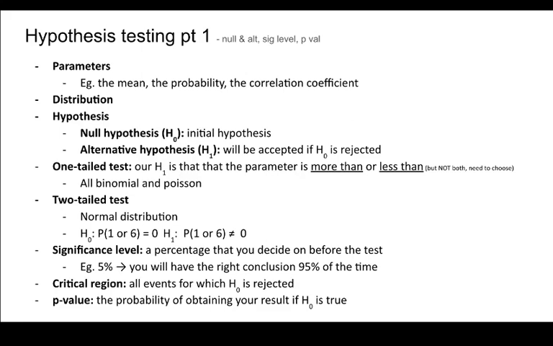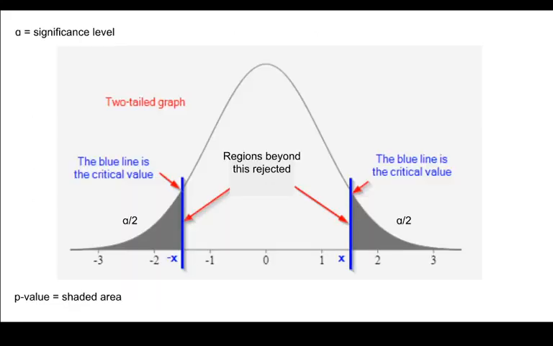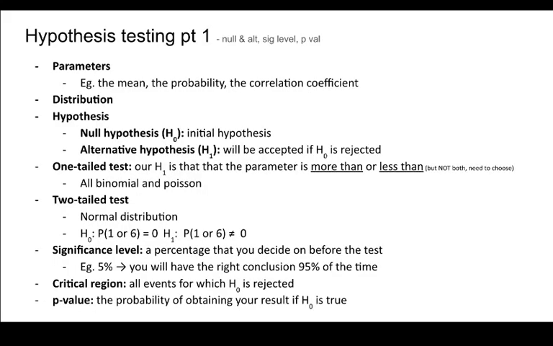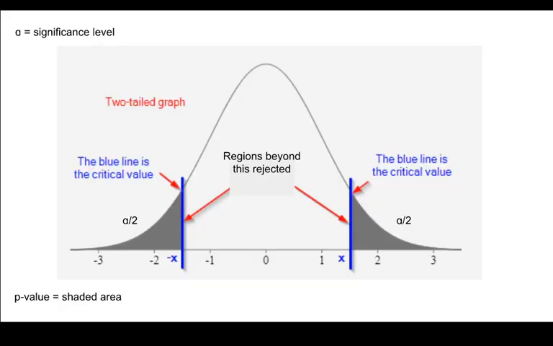Next we have critical region. Critical region is the value that you need to pass in order to falsify your null hypothesis. So in the case of two-tailed, that's the blue critical value.